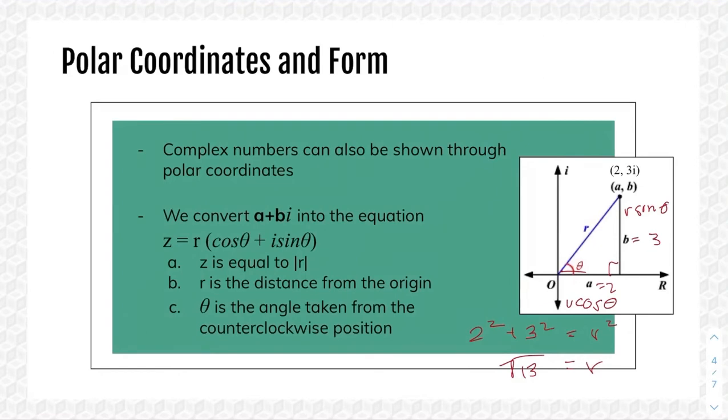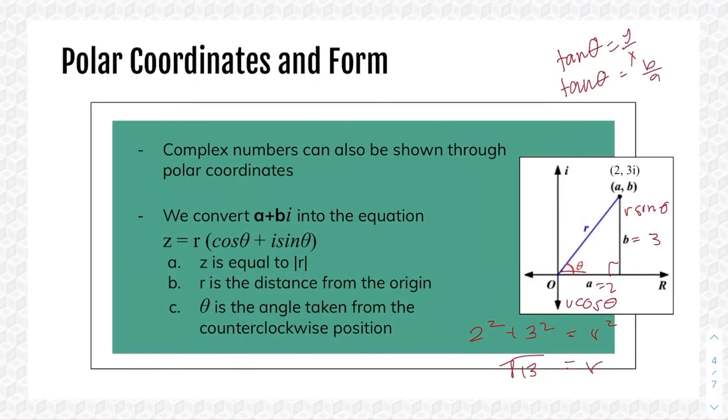Now what if we haven't found r first? We could use both a and b through tan theta. Now to find theta from our tan function, we will be using arctan. Tan is simply equal to y over x, but in our case, it's going to be equal to b over a.